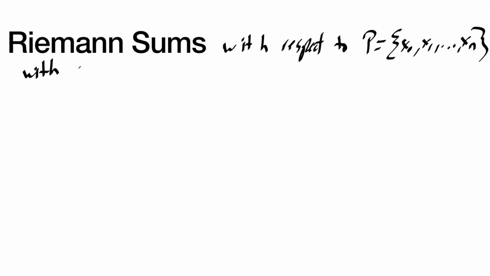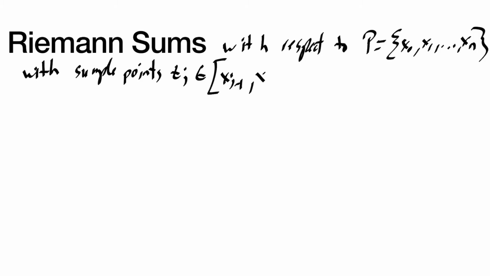So we have a Riemann sum with respect to that partition with sample points, which I'll call t_j, and each t_j is in the interval from x_{j-1} to x_j.